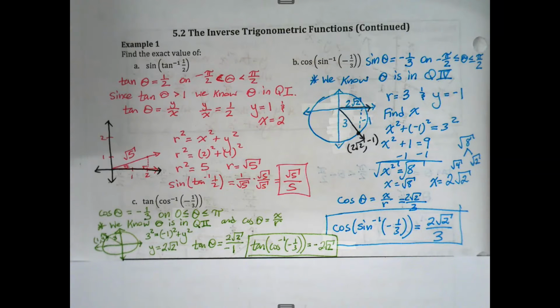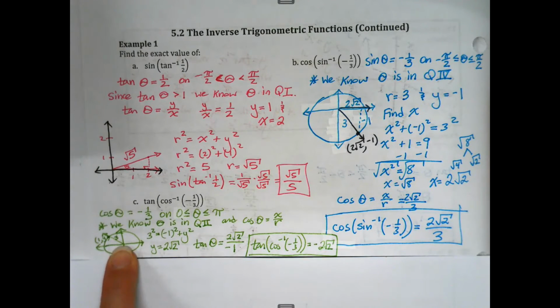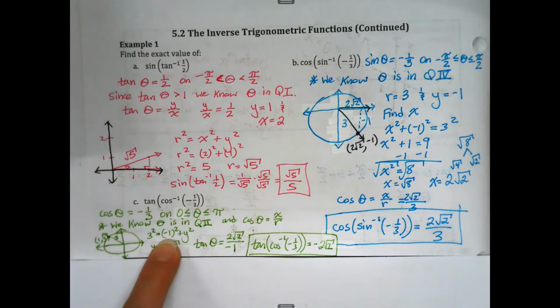So therefore, we know that our angle is going to be in quadrant number 2. And we use the fact that cosine is x over r to know that our radius is going to be 3, our x value is going to be negative 1, and using the Pythagorean theorem or the equation for the radius gives us a y value of 2 square root of 2.